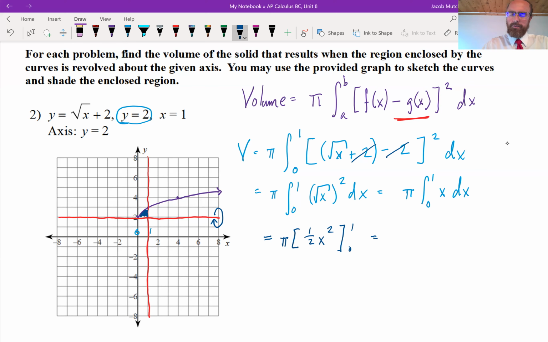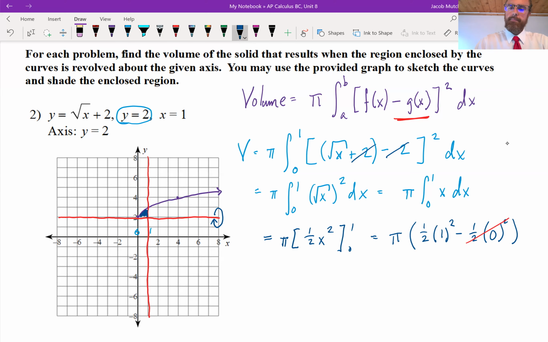So now we want to make those substitutions and evaluate according to the fundamental theorem of calculus. That's going to look like pi times 1/2 times 1 squared, minus 1/2 times 0 squared. The second term is just going to zero out. So I'm really looking at 1/2 times 1 squared, which is 1/2.